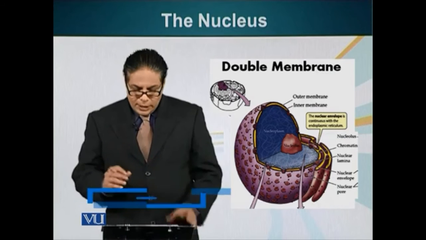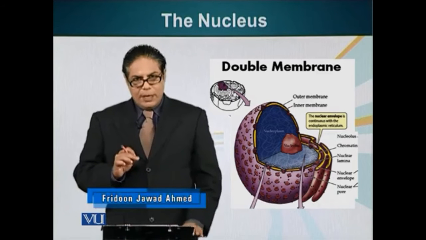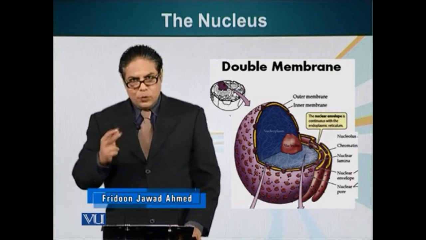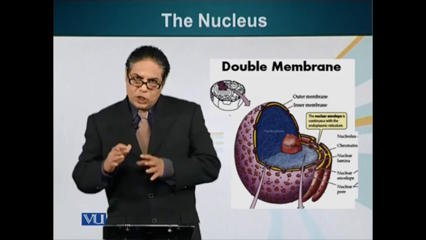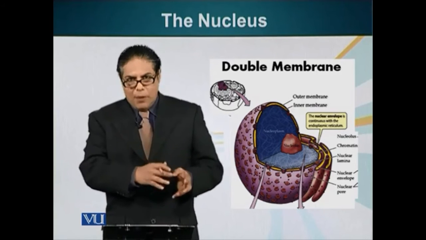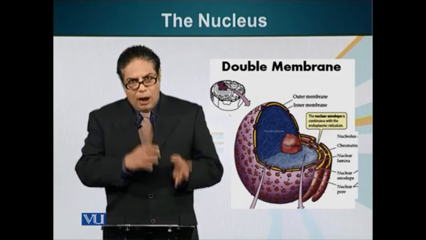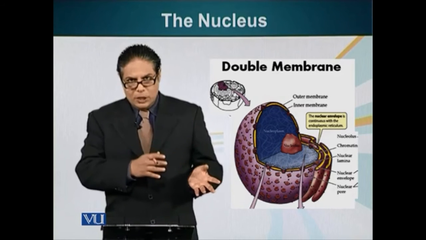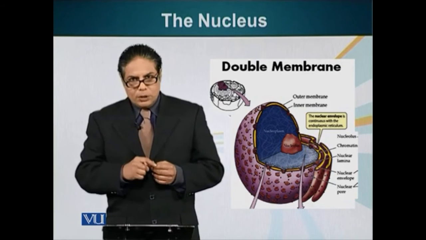Nucleus has certain features. Nucleus is double membrane structure. It has two membranes. Nucleus has pores through which molecules can go in and molecules can come out of the nucleus. For example, the RNA we saw in the animation comes out of the nucleus through those little holes.